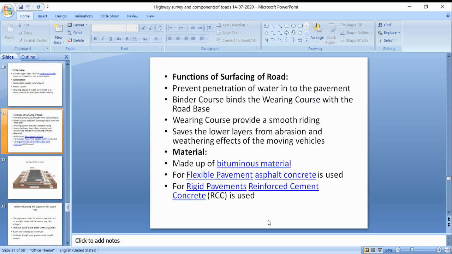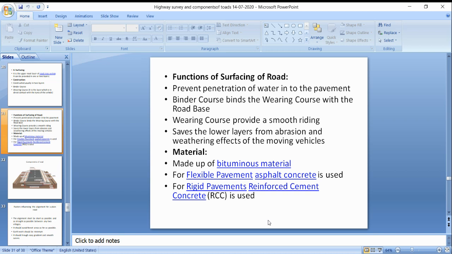So what is the function of the surface course? It will prevent the penetration of water into the pavement, because if water stays on the surface, it would penetrate easily into the bottommost layer. The binder course binds the wearing course and also the road base, acting as a binder material between the wearing course and the base course.